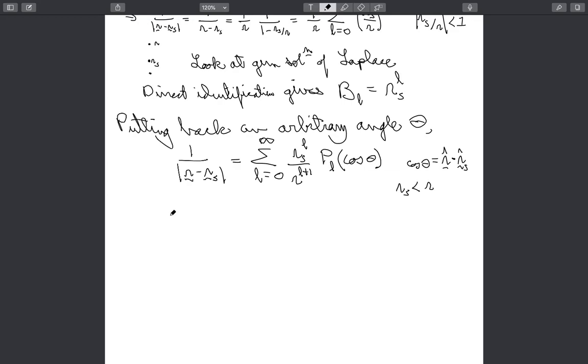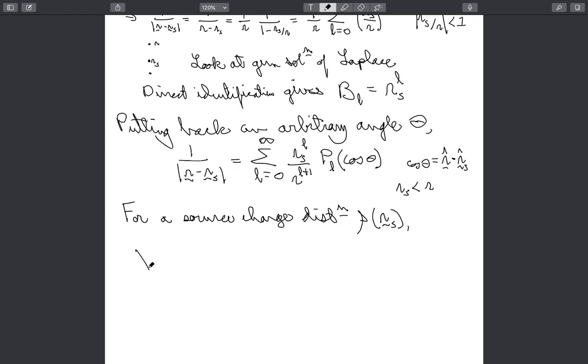If we now write the effective potential that we get from a distribution of charges, we just need to integrate over our distribution of source charges. So let's assume that I've got a three-dimensional source charge distribution characterized by density rho of vector r_s.